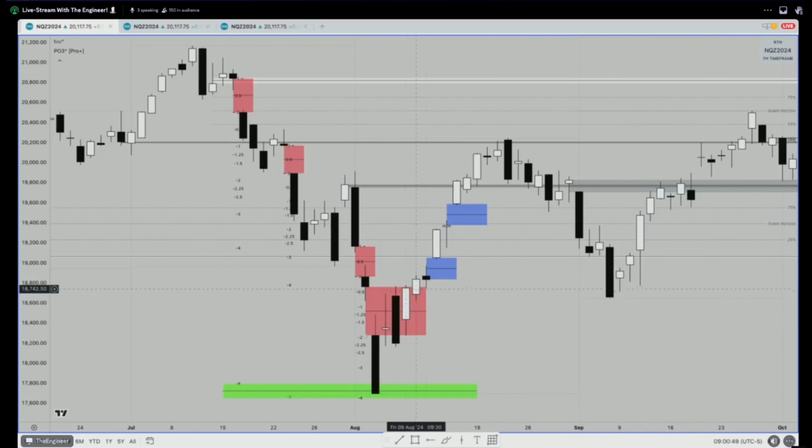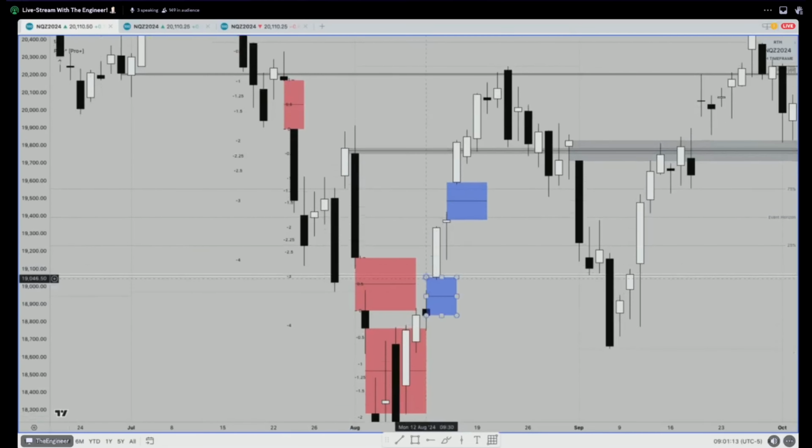To confirm this, you should create a breakaway gap to the buy side to anticipate the bullish trend. So now you are invalidating this bearish breakaway gap with a bullish breakaway gap. Now, what do we have here?